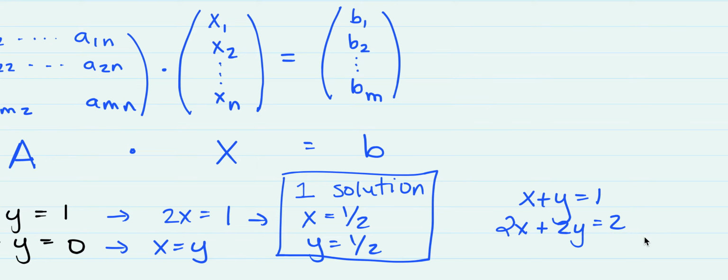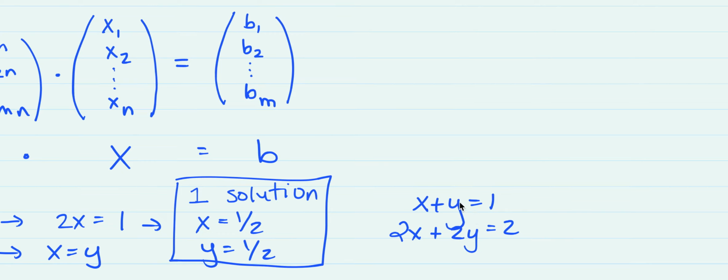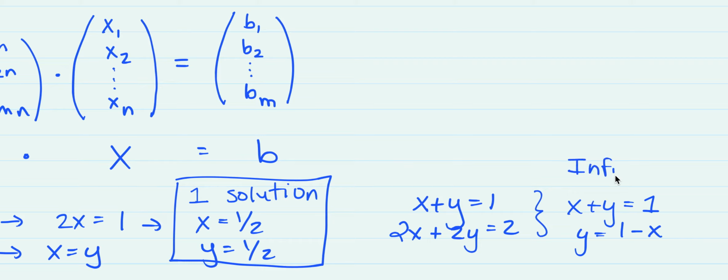Now you can see all I did was take the first equation and multiply it by 2. So this is technically just x plus y is equal to 1, which if you solve for y, you get y is 1 minus x, which is the equation of a line, and all the points on the line are solutions to this equation. So this has infinitely many solutions.